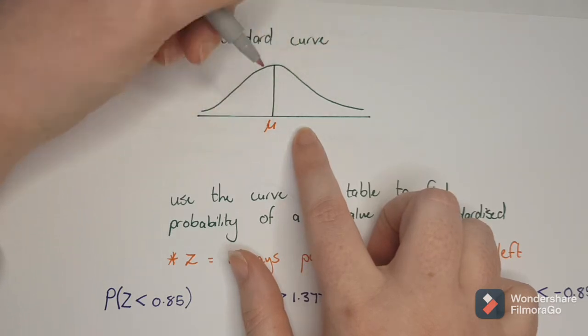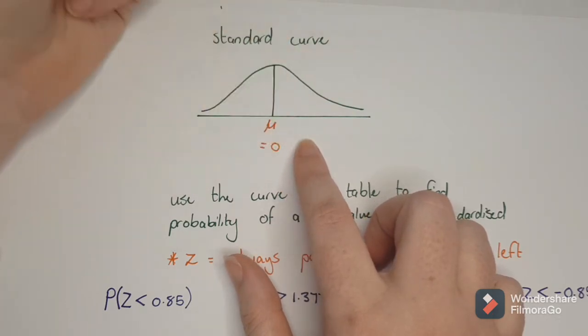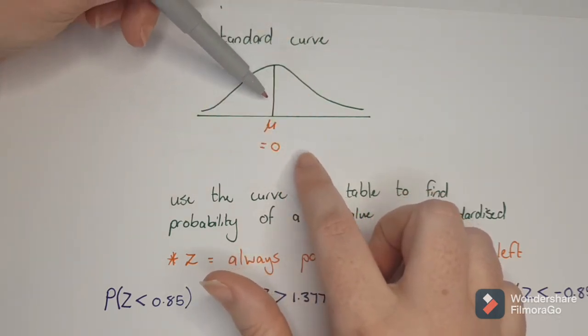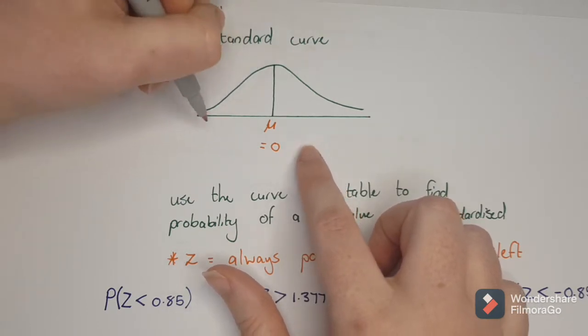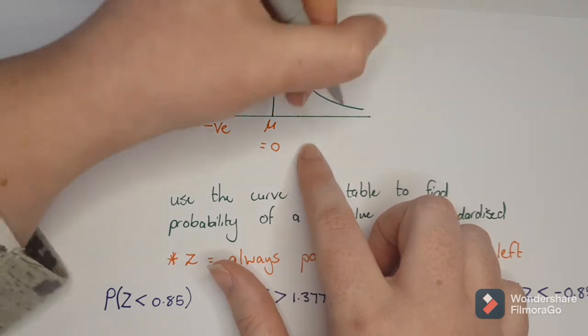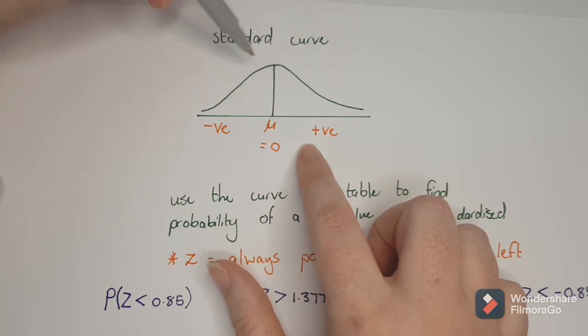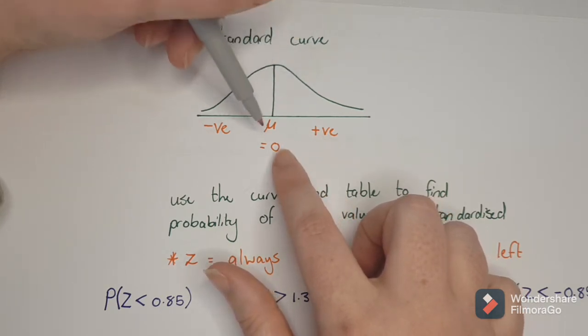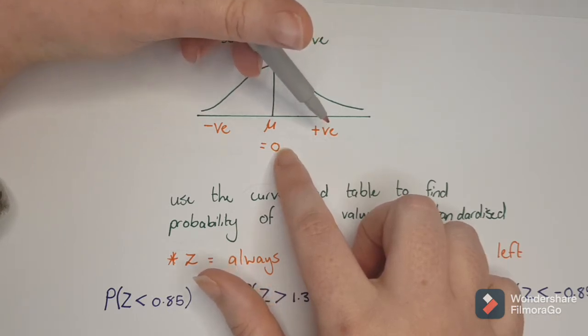But on a standard curve, this mean is 0, which means anything to the left on this side is going to be negative, and anything to the right on this side is going to be positive. Because the standardized curve, if that's 0, it means below that is negative, above that is positive.